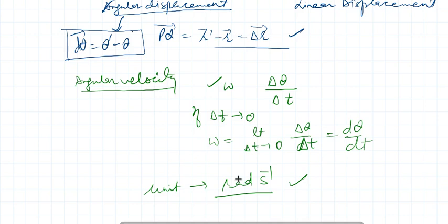Now let us try to find the relationship between linear and angular velocity. So now to find the relationship between angular displacement and angular velocity, we have to find this in vector form.